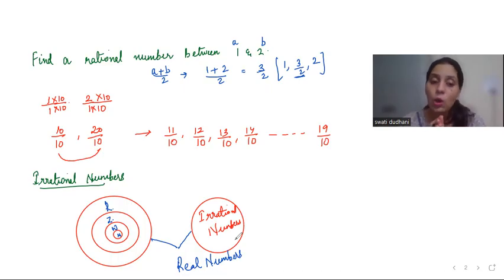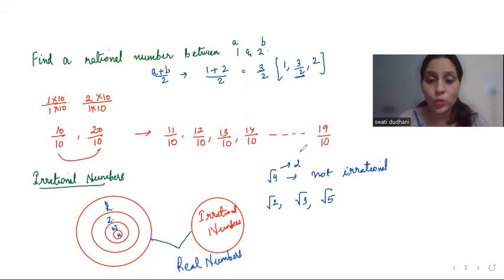Irrational numbers are all the root numbers which are not perfect squares. For example, root 2, root 3, root 5. Again, root 4 is not irrational because root 4 is a perfect square. Root 4 can be written as 2, right?